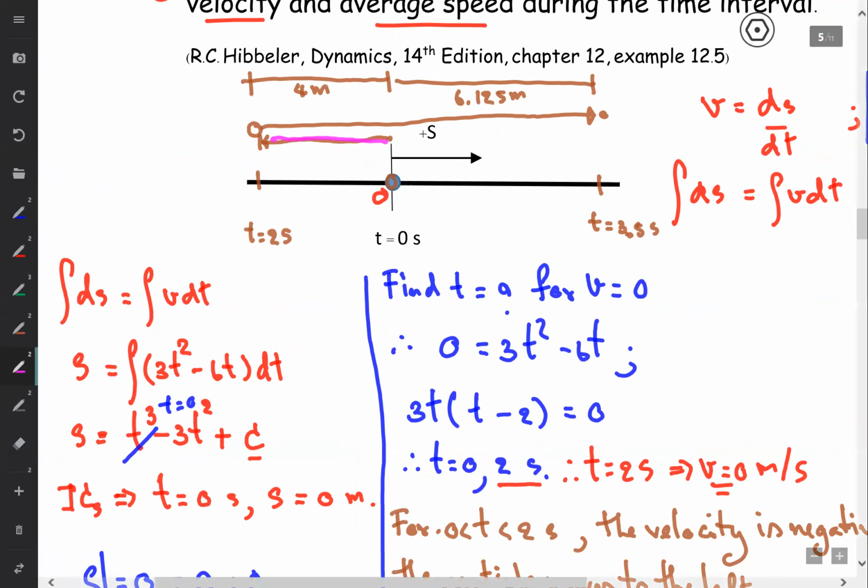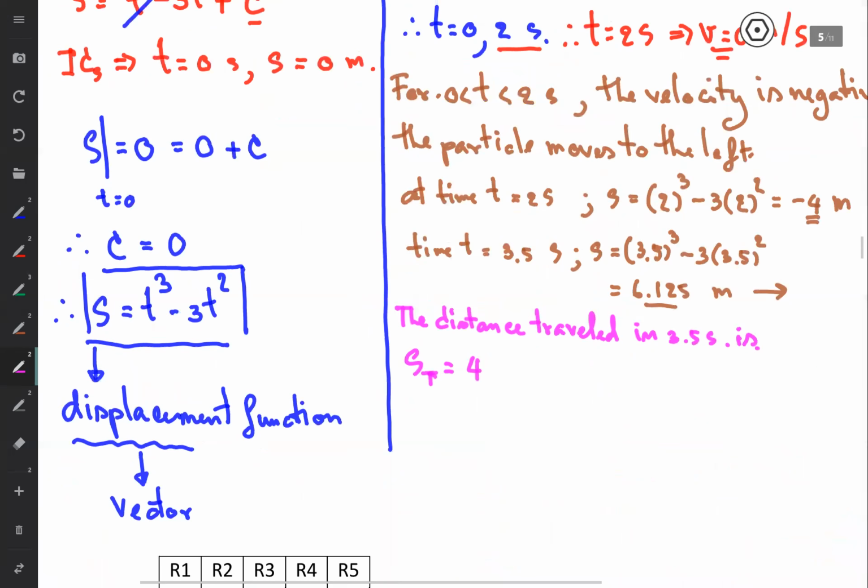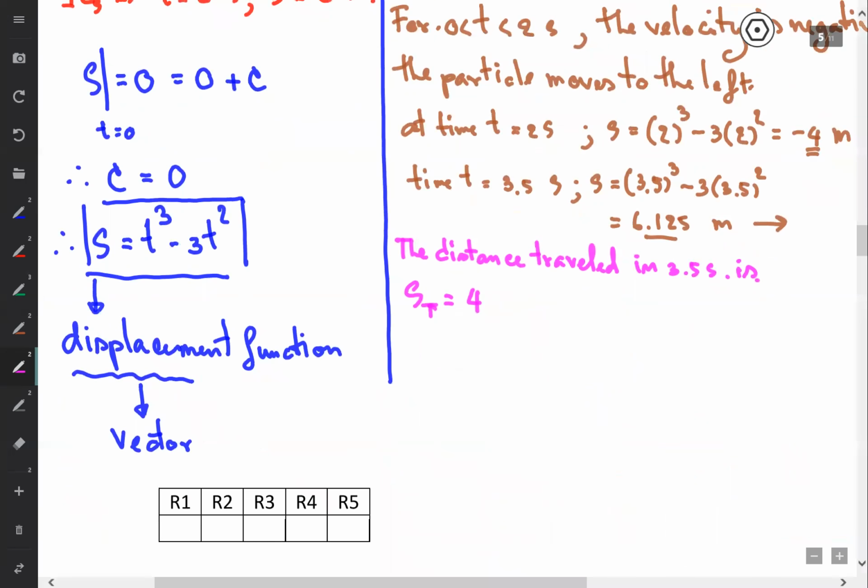And after that, it has to come back 4 meters again. And then it goes to the right with 6.125 meters. So the distance becomes 4 plus 4 plus 6.125, which is 14.125 meters. This is the answer of the first question.